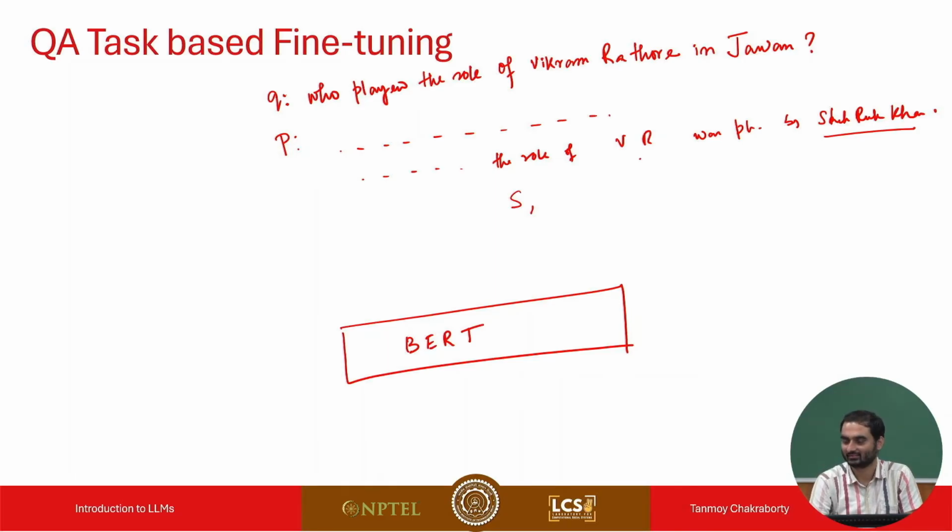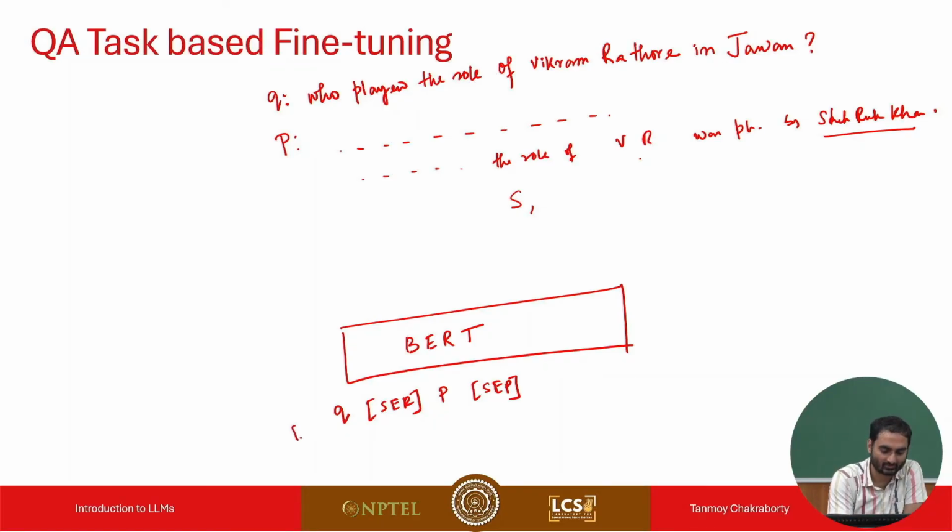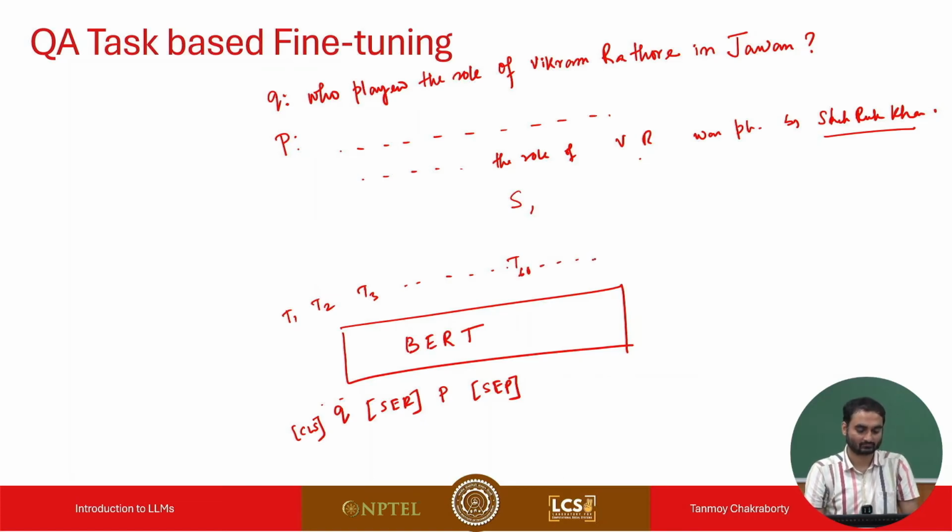During training, you feed question Q, separator, and the passage P, separator, and you have CLS. So you have different tokens here, T1, T2, T3, up to T60 and so on.